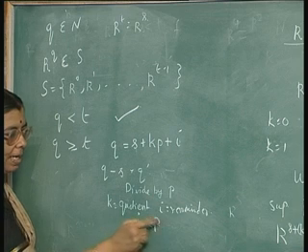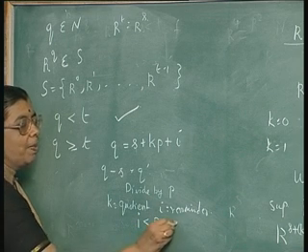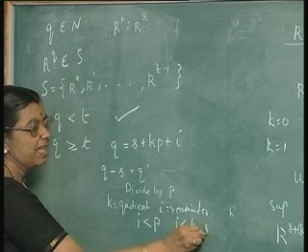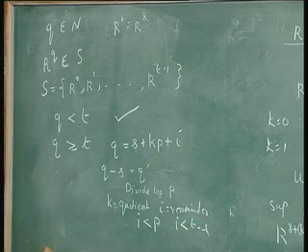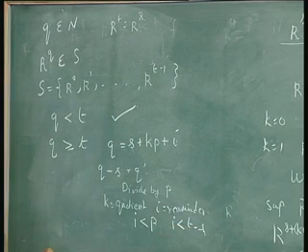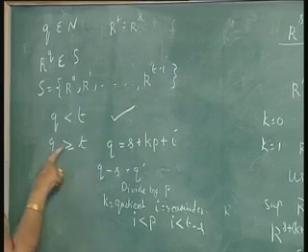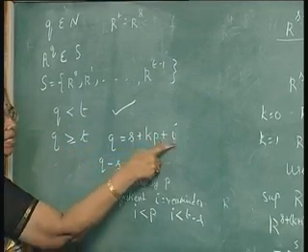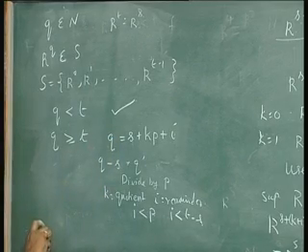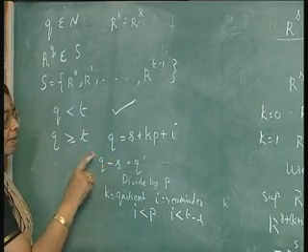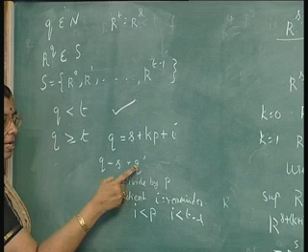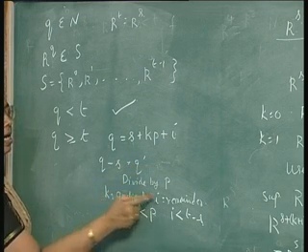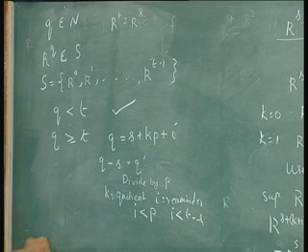So, i is less than p, or what is p? That is, i is less than t minus s. So, any q, if it is greater than or equal to t, you can write it in this form, s plus kp plus i. How do you get this? From q subtract s you get q', and divide this q' by p, you get k as the quotient and i as the remainder.